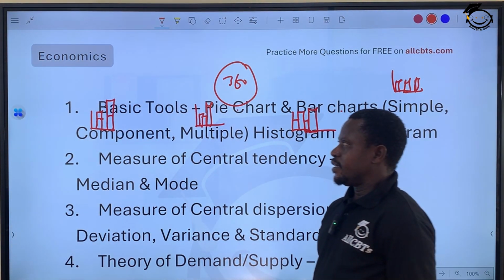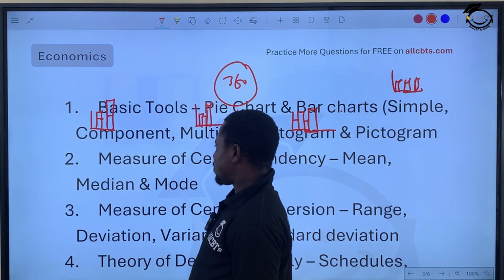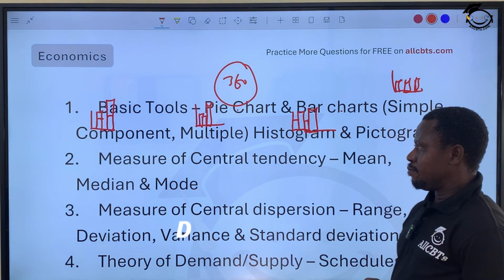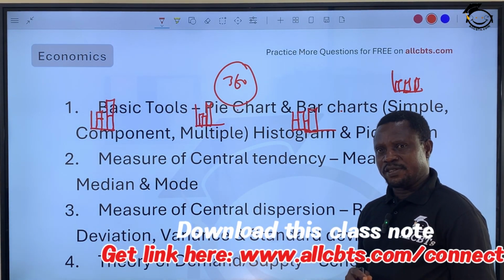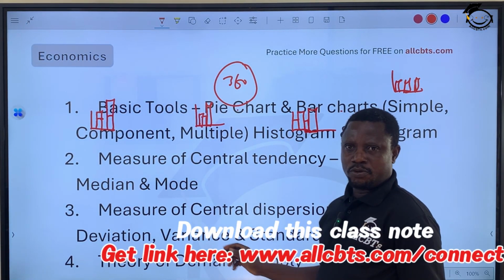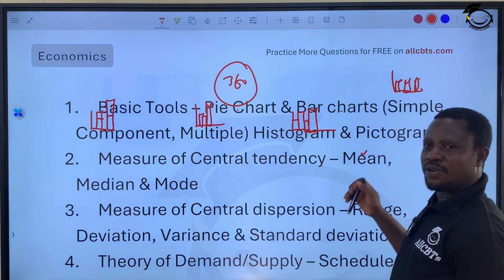Then another topic is the measure of central tendency. Here we are talking about the mean, the median, and the mode. This can come as a theory question as well.